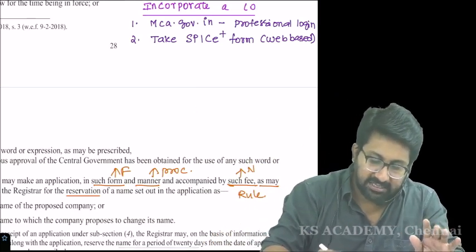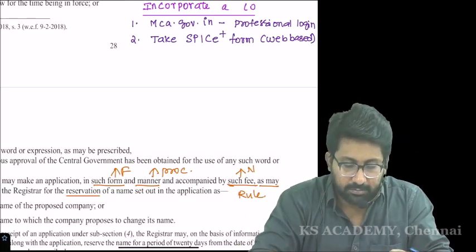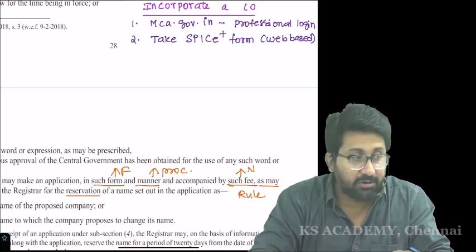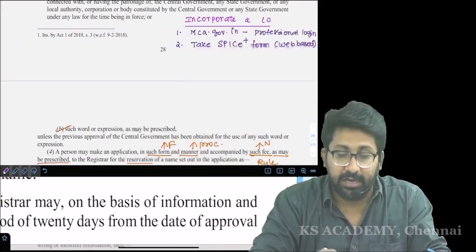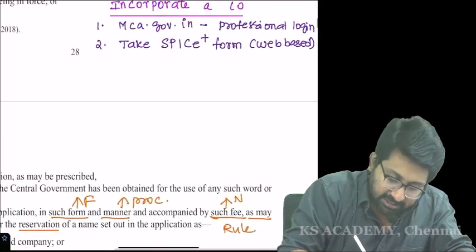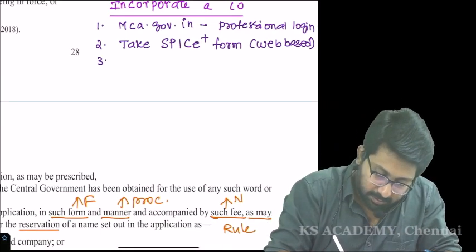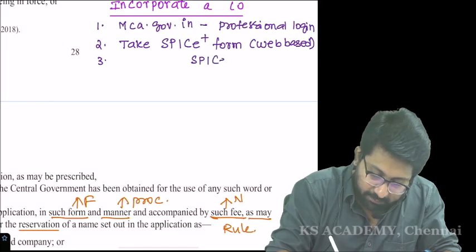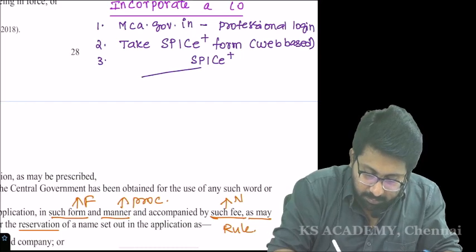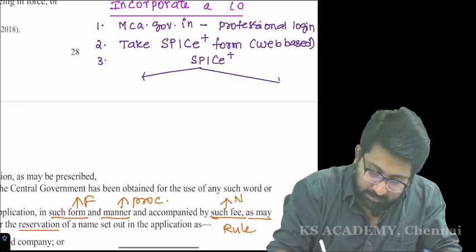Please concentrate and listen. First tell me which website we need to go to? With which login? After that, which form should you take? Is it a downloaded PDF form or a web-based form? Later, step 3. SPICe form will have two parts.